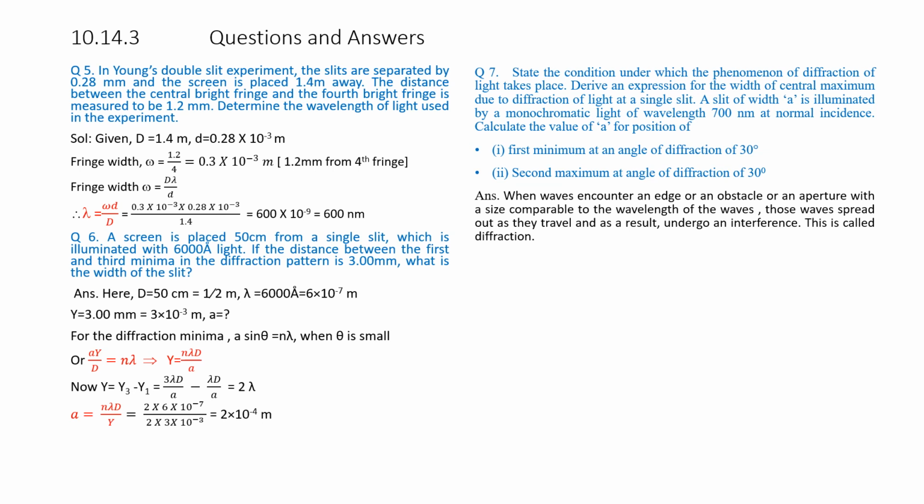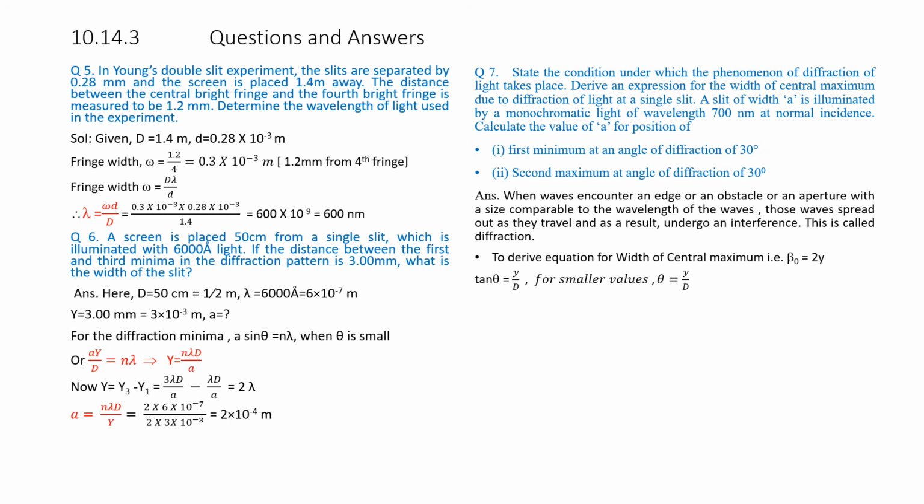Therefore, when a wave encounters an edge, obstacle or an aperture with a size comparable to the wavelength of the waves, those waves spread out as they travel and as a result undergo interference. This is called diffraction. To derive an equation for width of central maximum, that is beta naught is equal to 2y, we have to consider the figure.